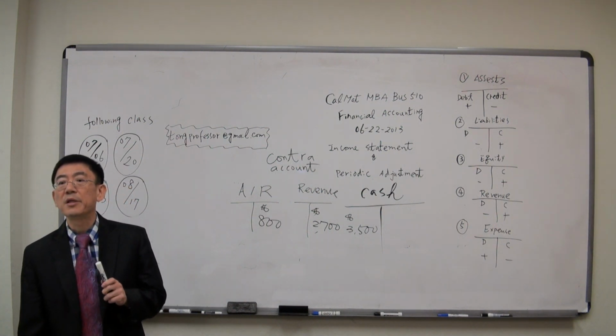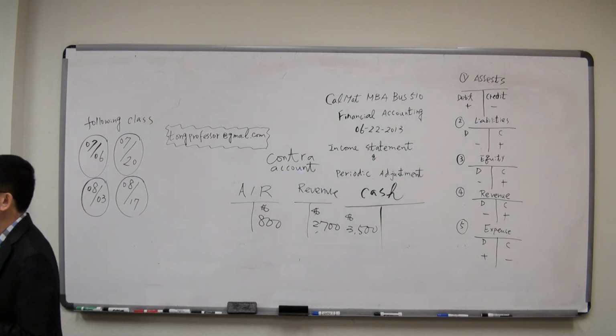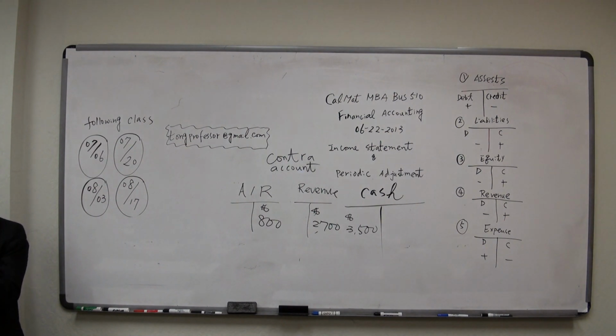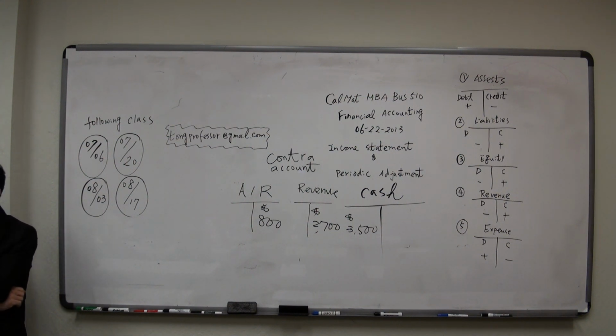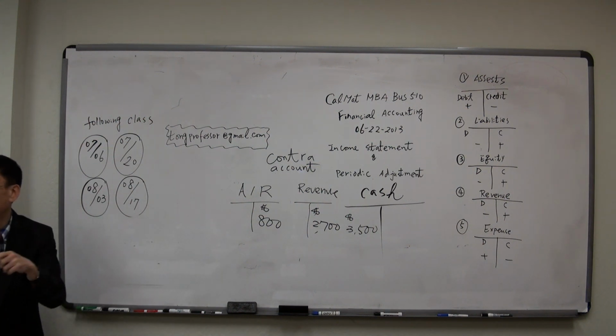For your midterm exam, you will see very similar transactions like this. You will have only one question, but there may be 6 or 7 small questions just like this. You just do the T account. And again, I don't care about the result. I want to see whether you did these 3 steps of analysis. Step 1, you pick out the name of the account, just like this, accounts receivable.